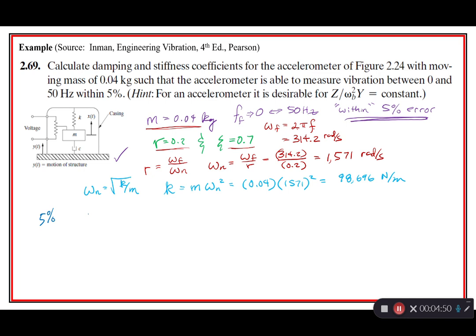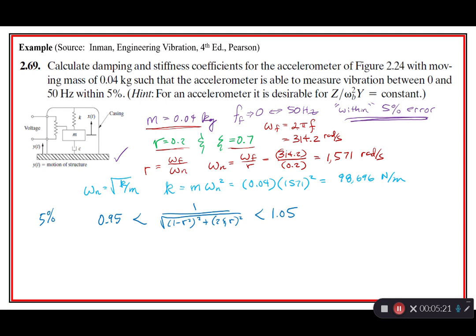We're going to say that our accelerometer term is going to be between 0.9 and 1.05, that is, 1 over the square root of (1 minus r squared) squared plus (2 squiggle r) squared.